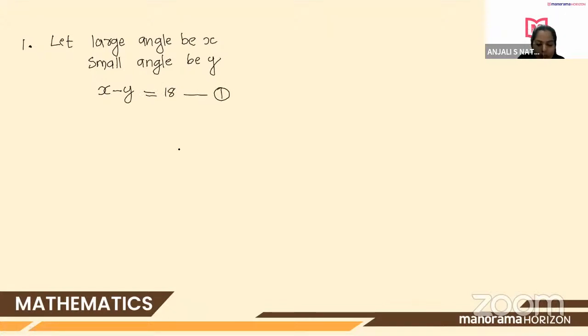And we know that here it is given supplementary angles. The sum of supplementary angles is equal to 180 degrees. So we have two angles here, x and y.